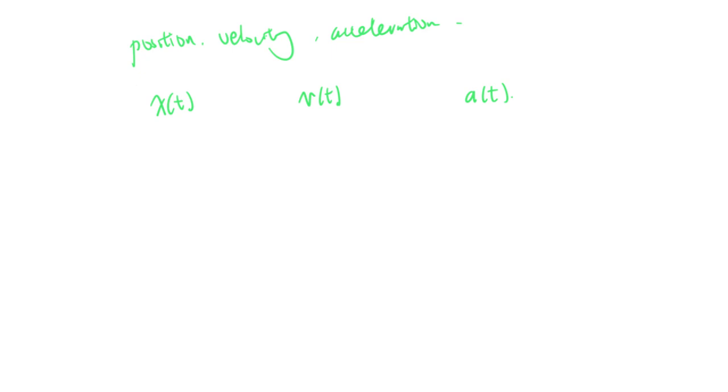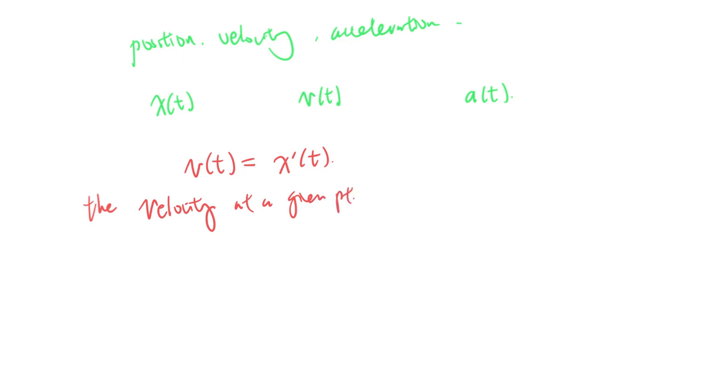So one thing that we'll notice is that v of t is equal to x prime of t, or the velocity is the instantaneous rate of change of the position with respect to time. Let me write that down. The velocity at a given point is x prime of t.